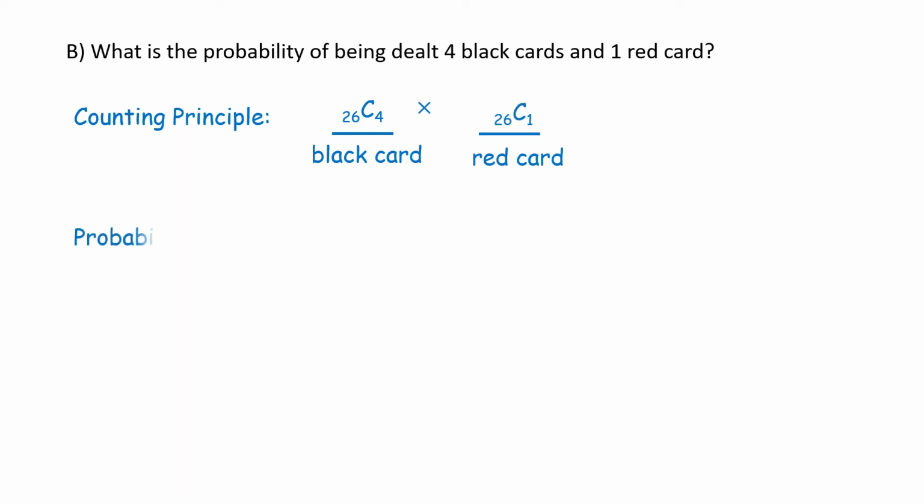To compute our probability, again, N of E divided by N of S. For our numerator, it's going to be the product of 26 choose 4 times 26 choose 1, and that's going to be divided by the total number of 5-card hands possible.